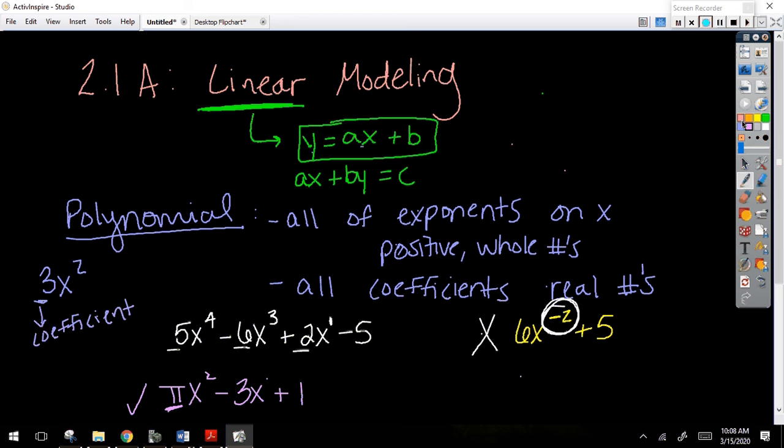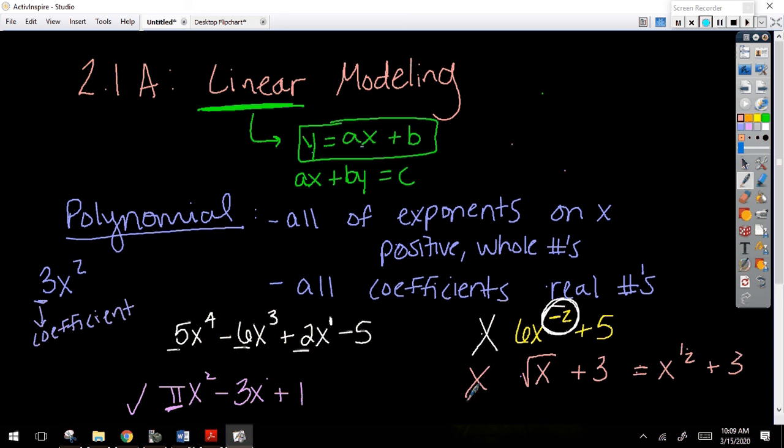Now, just to show you one more example of something that is not a polynomial, if I had something like the square root of x plus 3. Right? The square root of x is the same thing as x to the 1/2 plus 3, right? And because I've got a fractional exponent now, it's not a whole number, so no, it is not a polynomial.